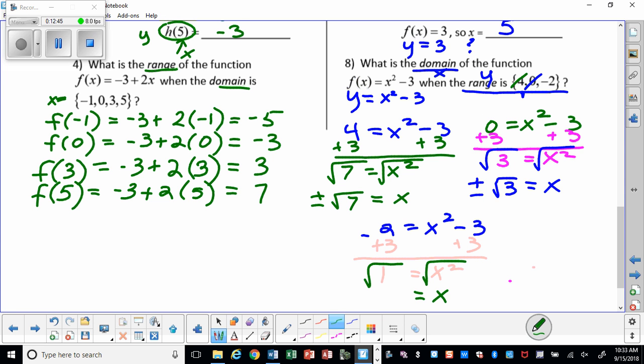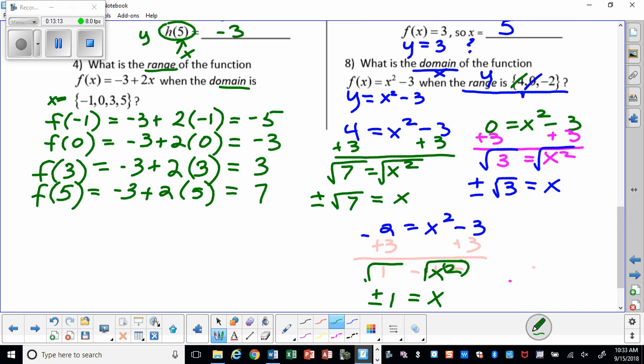X equals 1. But remember, if it's squared, it could be positive or negative. Square root of 1 is 1. But since x is going to be squared, you have 2 answers. Positive 1 or negative 1.